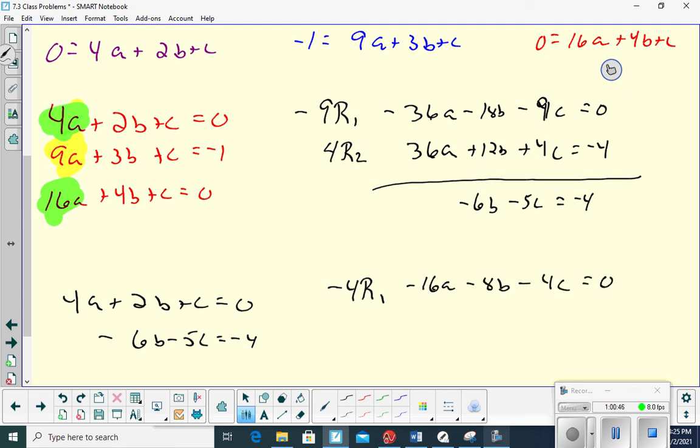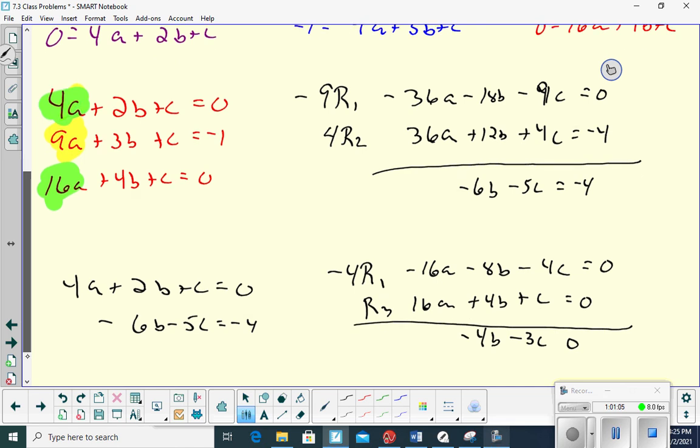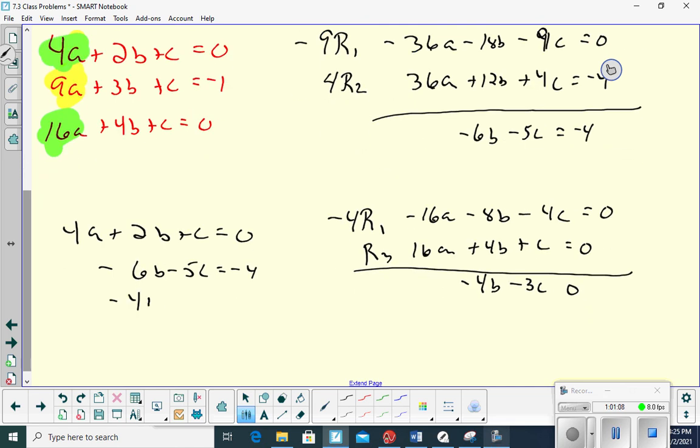That's still equal to 0. And then row 3 is 16a, I don't have to change that one at all, plus 4b plus c is equal to 0. And when I add those, I get negative 4b minus 3c, and that's equal to 0. So negative 4b minus 3c is equal to 0. So that's what I have right now.